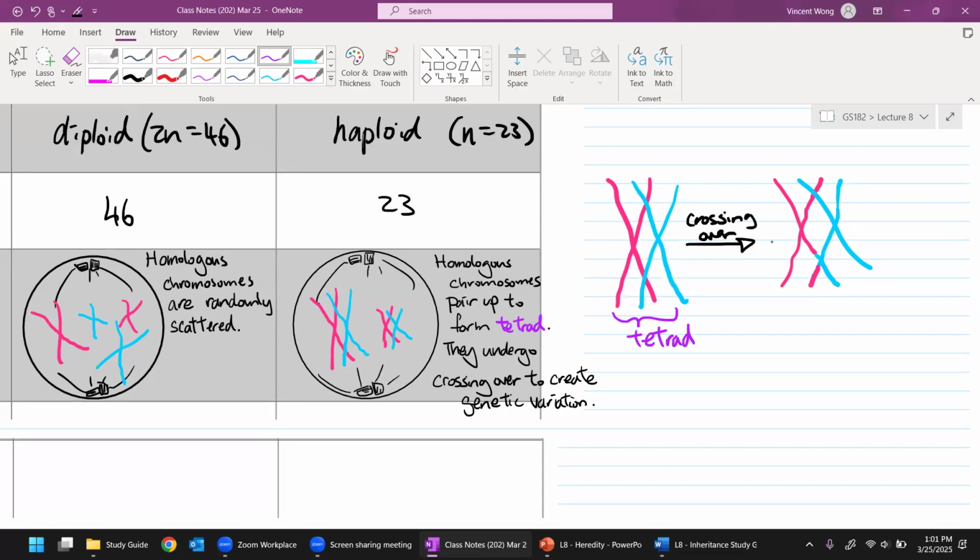This is called 1 tetrad, 2 chromosomes together. How many? For the whole cell? 23, yes, 23, that's right.